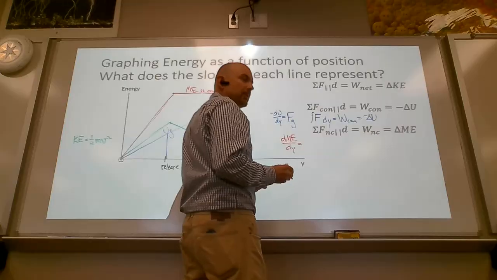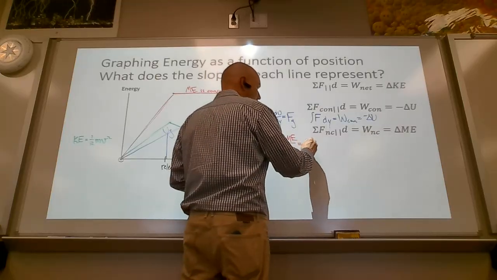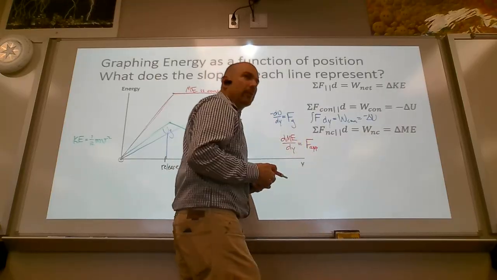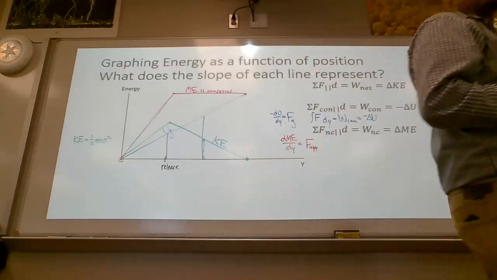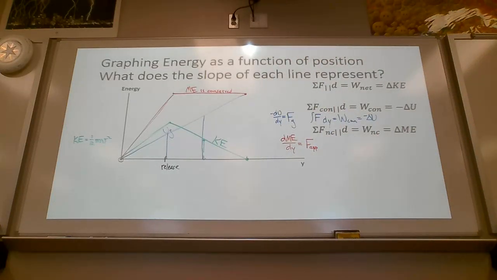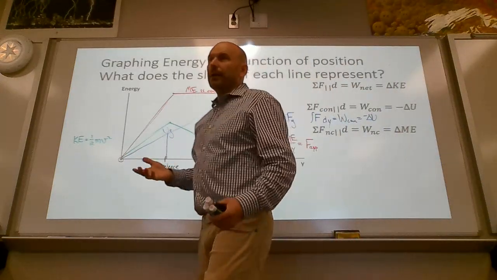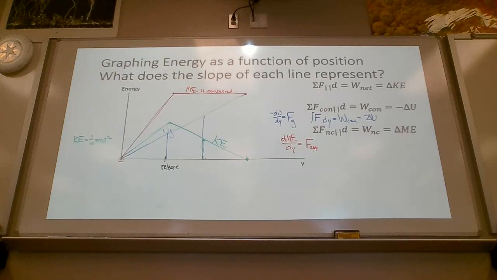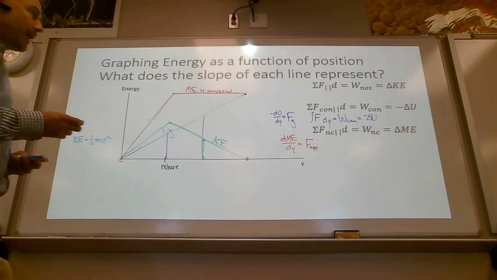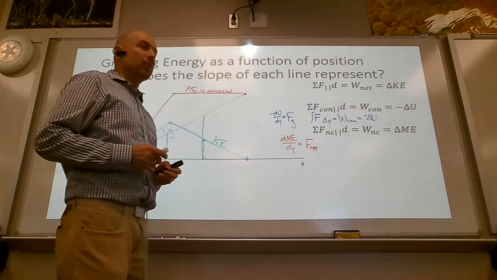That's going to be equal to the applied force from your hand, because that's the only non-conservative force we have doing the work. You okay with that? And when it's released, there is no change in mechanical energy. The slope is 0. There is no non-conservative force. And so your kinetic energy is going to give you what?